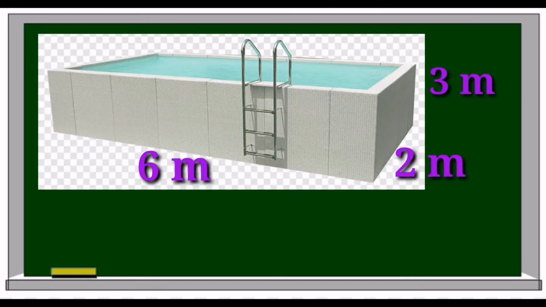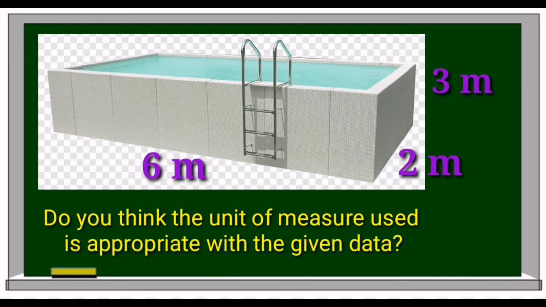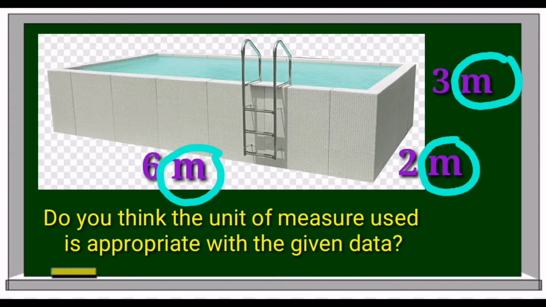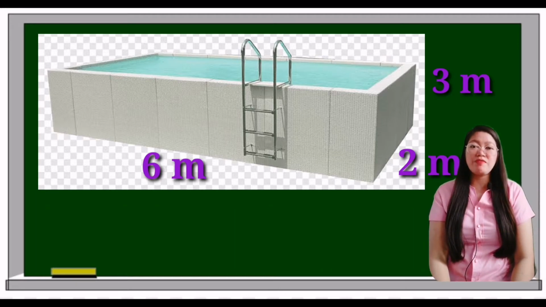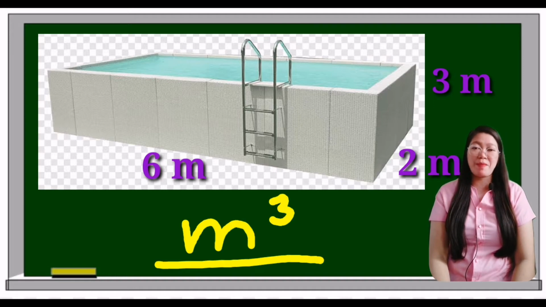In the word problem earlier, do you think the unit of measure used is appropriate with the given data? Yes, because the volume of a typical swimming pool is usually measured not less than a cubic meter.